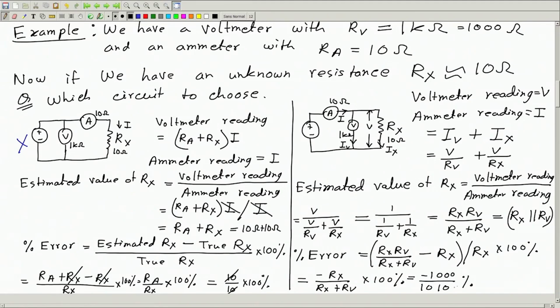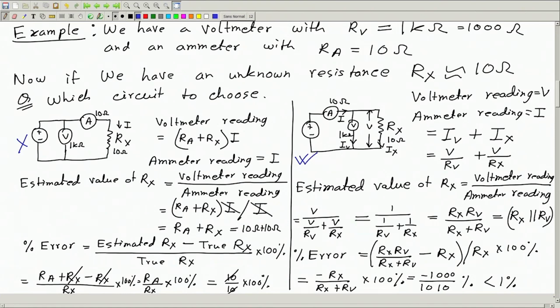So this is like 1000 by 1010, which is less than 1%. Okay. So this is a better circuit for this particular value of Rx. Observe that we have chosen Rx to be similar to Ra, so that circuit is not good, but Rx is much less than RV, so this circuit is good. So this circuit can be used.